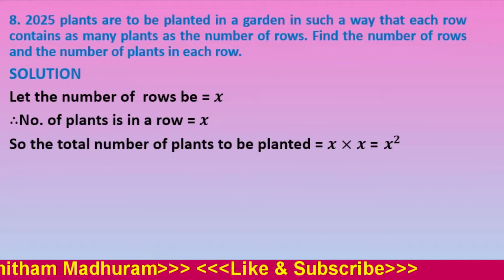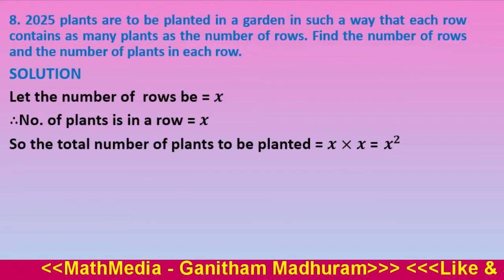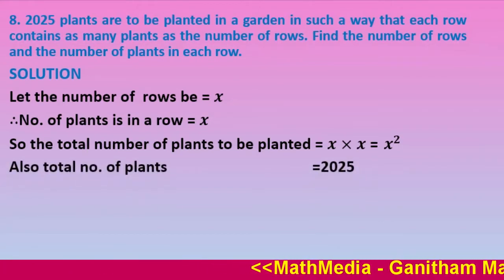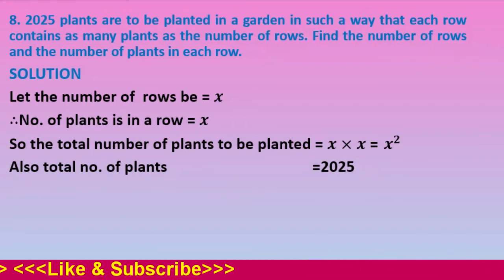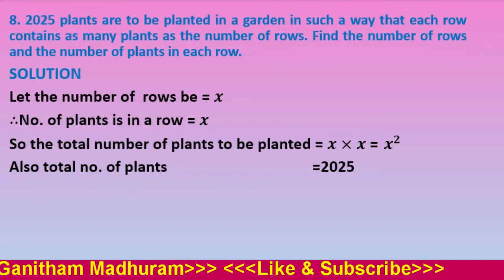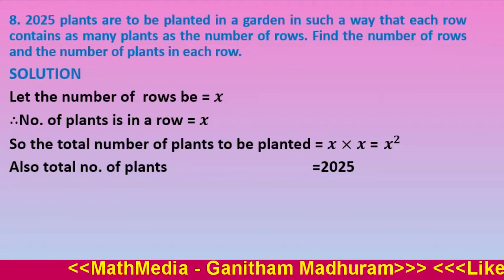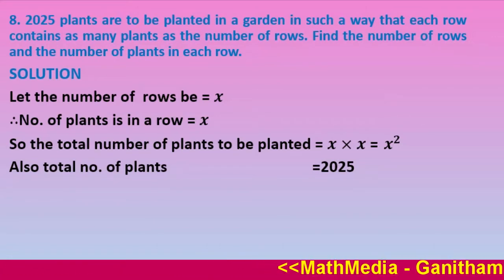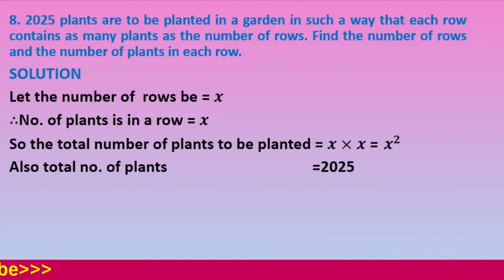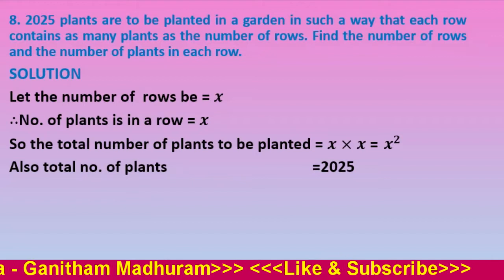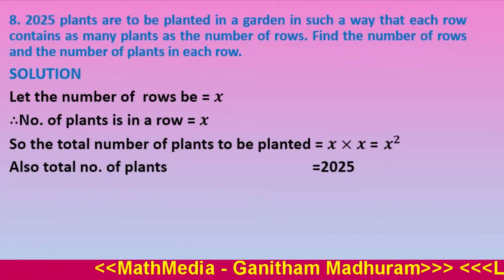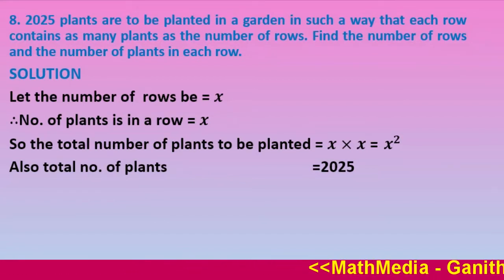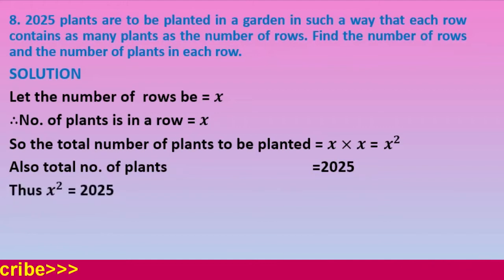Also it is given in the question that there are total 2025 plants. One is given in numerals and the other we found with the variable, but both are equal. So we can equate them.